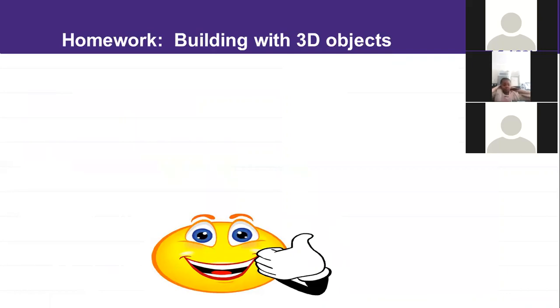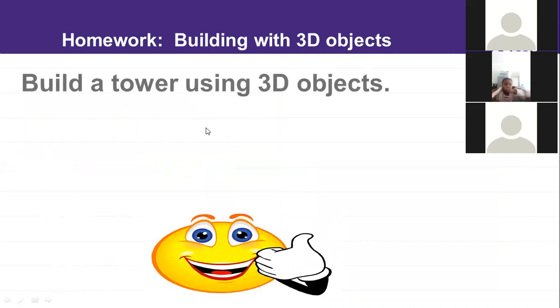Let's see now what we have. I want you to do something for me. I want you to build a tower using 3D objects, okay? You explain to me the different shapes, how the different shapes will affect our tower.